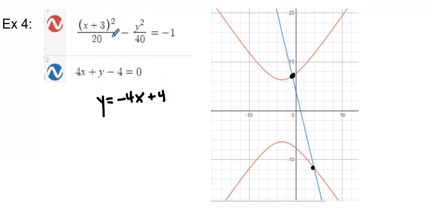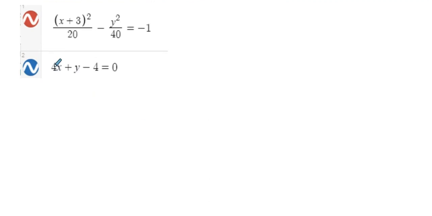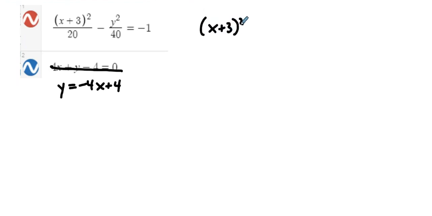Okay, so we're going to negative 4x plus 4. So let's start here. Remember, negative 4x plus 4. Very similar. (x plus 3) squared over 20 minus (negative 4x plus 4) squared.